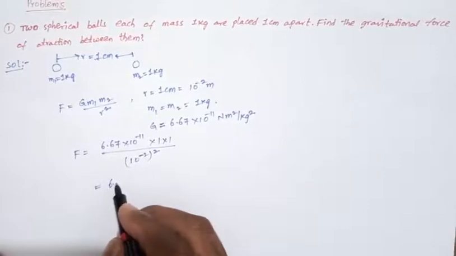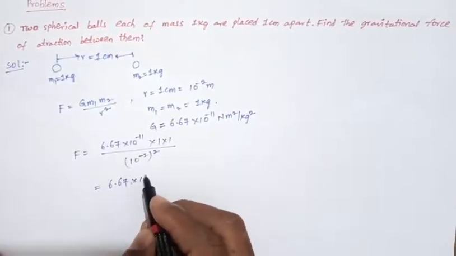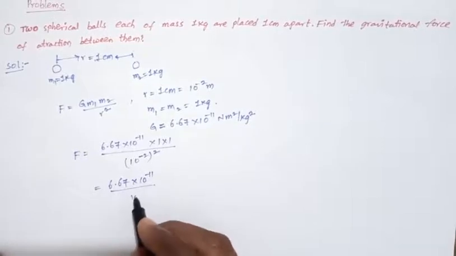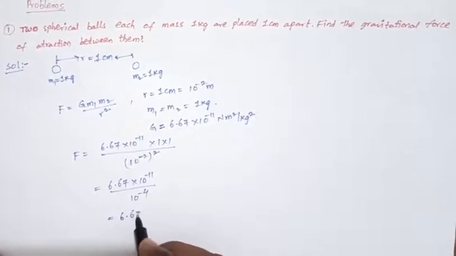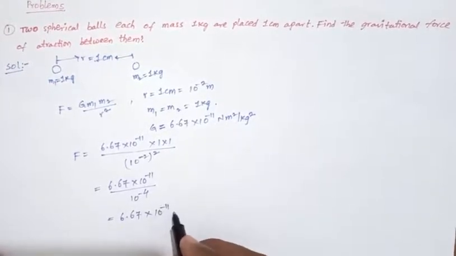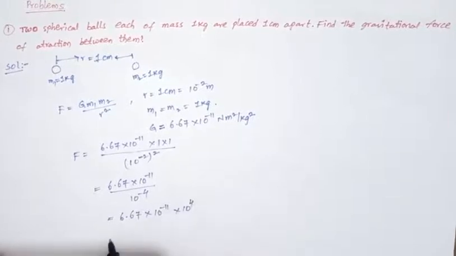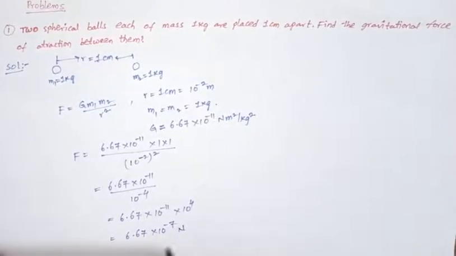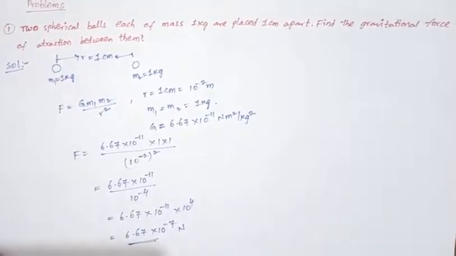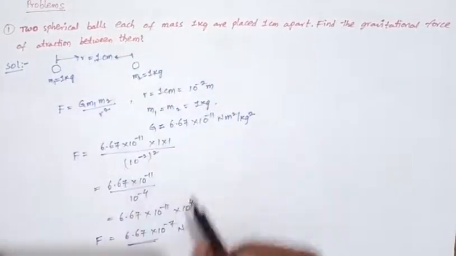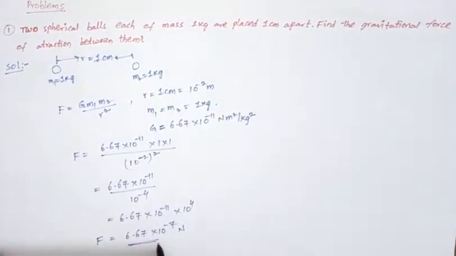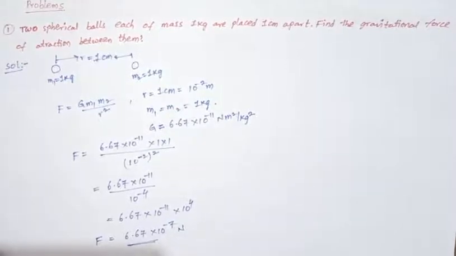That equals 6.67 into 10 to the power of minus 11 divided by 10 power minus 4, so that equals 6.67 into 10 to the power of minus 11 into 10 to the power of plus 4, which equals 6.67 into 10 to the power of minus 7 newtons. So this is the answer: the gravitational force of attraction between the two spherical balls is F equals 6.67 into 10 to the power of minus 7 newtons.